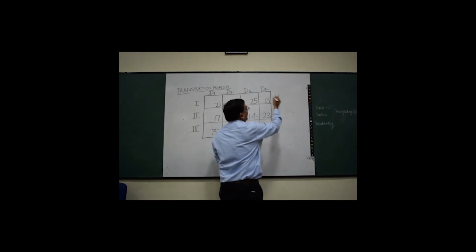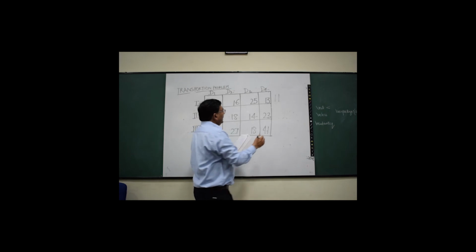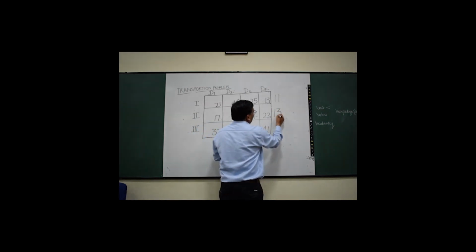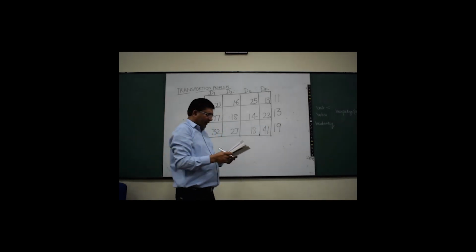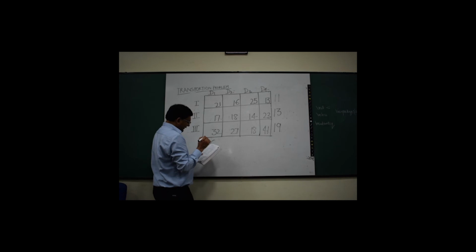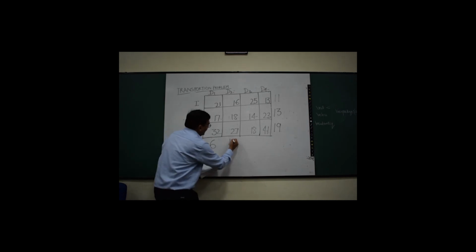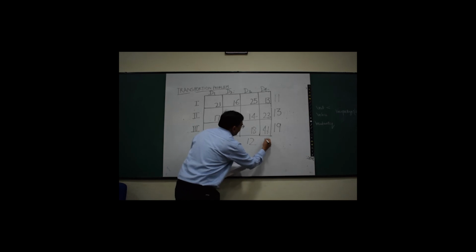11 is the material available at source 1. 13 is the material available at source 2. 19 is the material available at source 3. And the requirement of the destinations is 6, 10, 12, 15.